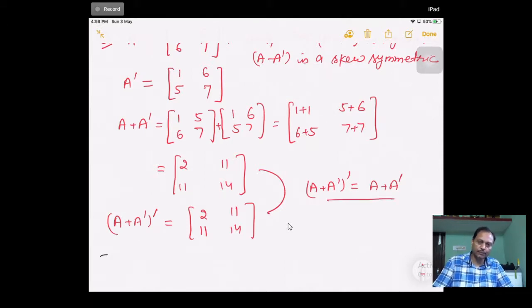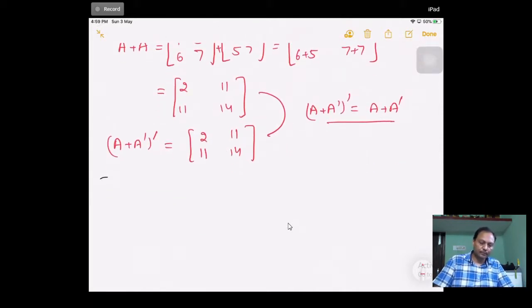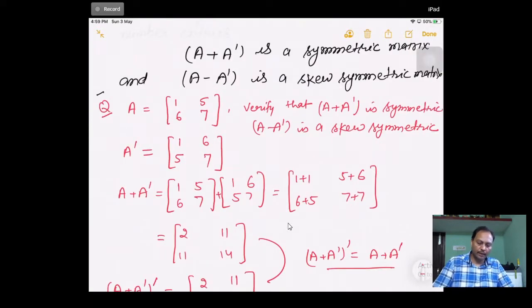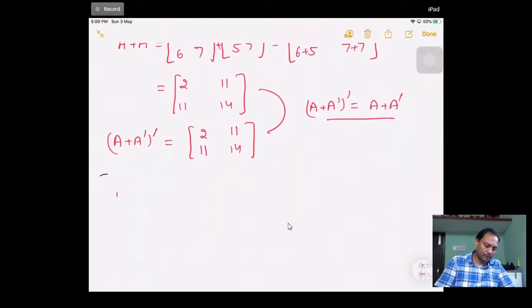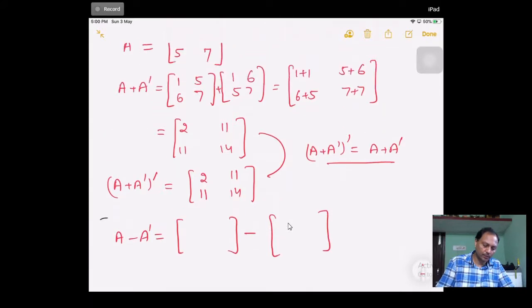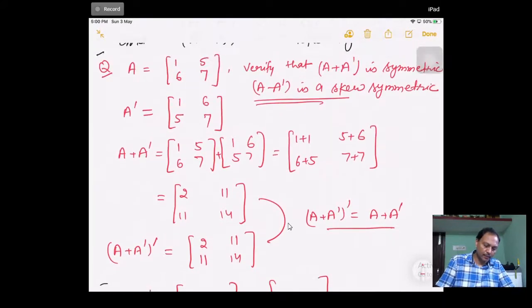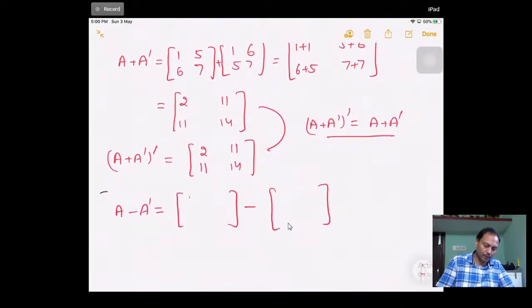It is verified. Now we are going to verify the second one, that A minus A prime is skew-symmetric. Now A minus A prime: what are the values in A? These are 1, 5, 6, 7, and its transpose is 1, 6, 5, 7.